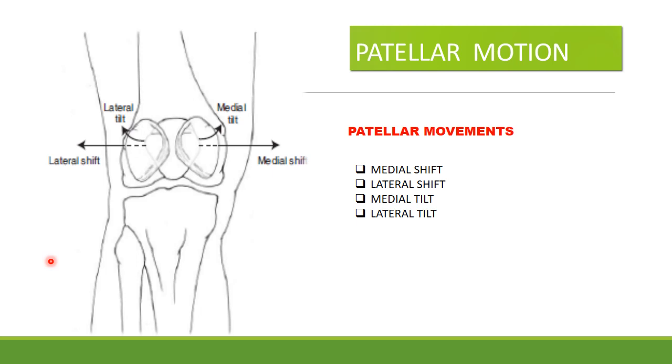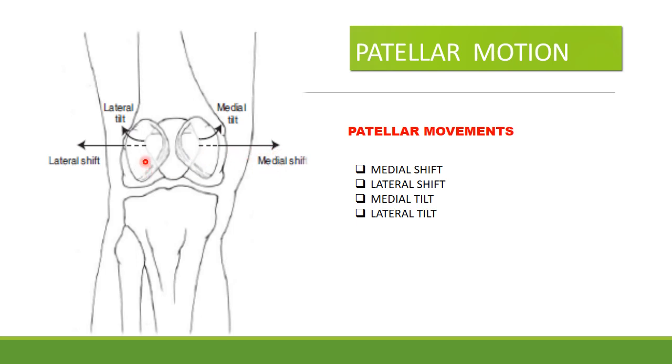Before understanding how this Q angle impacts patella position, it is important to understand how the patella moves, how the patella works. So we will see patella motion. The patella has four movements. Medial shift: when the patella comes to the medial side, it is called medial shift.